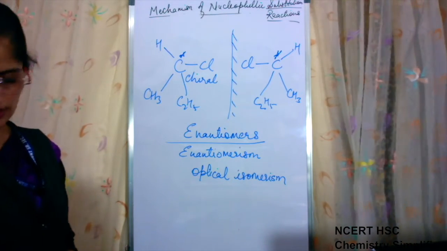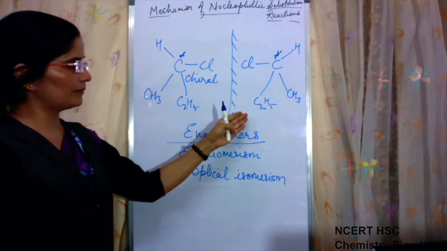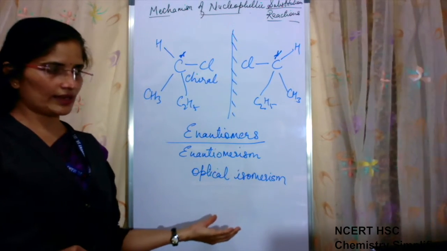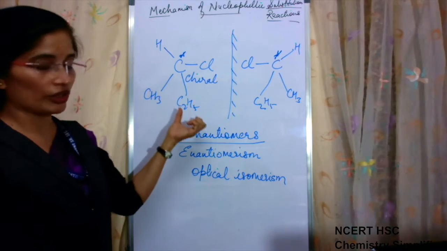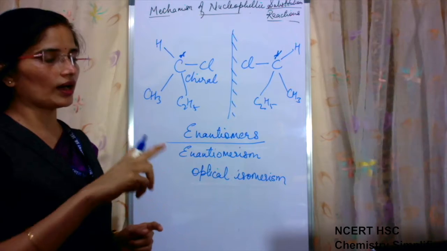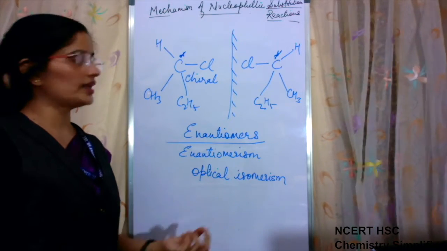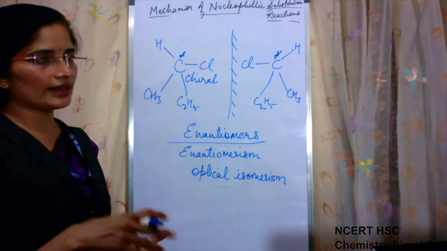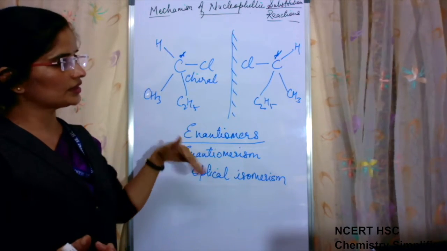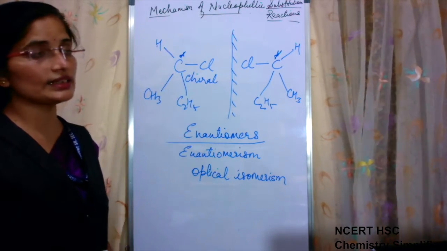What is optical isomerism? Optical isomerism is the property of a molecule to rotate the incoming light into either the right direction or the left direction. If it rotates the light to the right, it is known as dextrorotatory, and if it rotates it to the left, it is known as levorotatory.